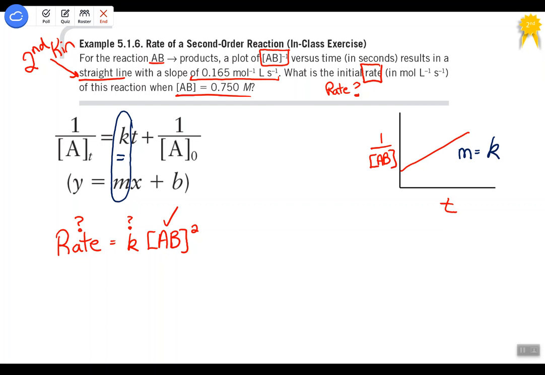I need to know my specific rate constant, and I do, because I was given the slope of this line when 1 over the concentration is plotted against time. So I simply need to know how to interpret this value. The slope equals the k equals 0.165 moles per liter per second. I know everything now. I can simply solve for rate. So let's do that.